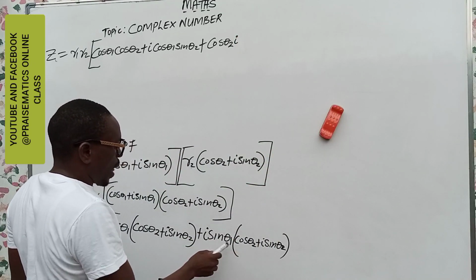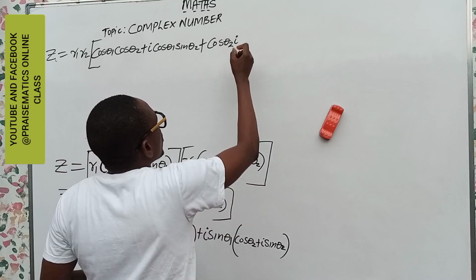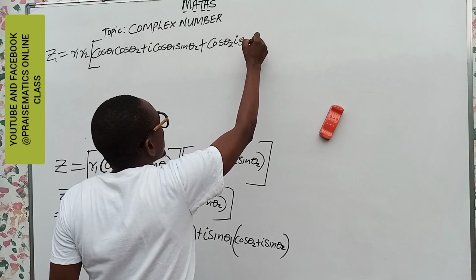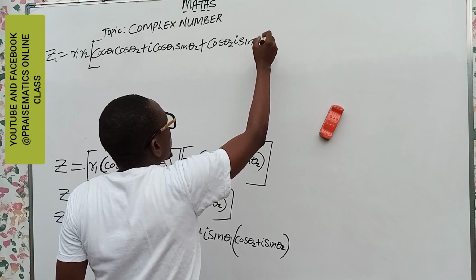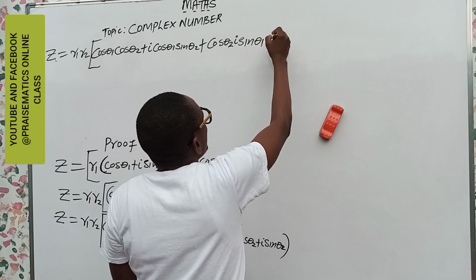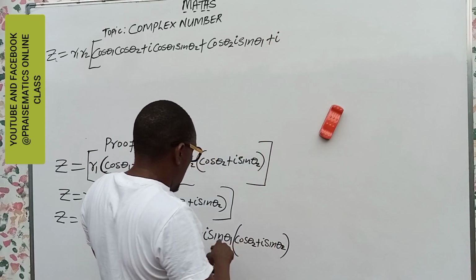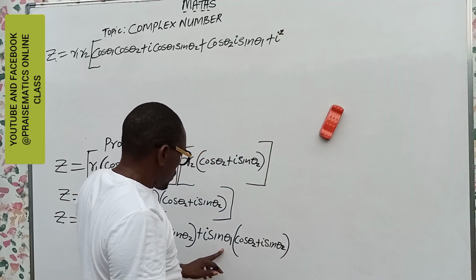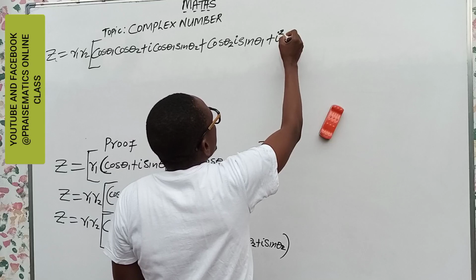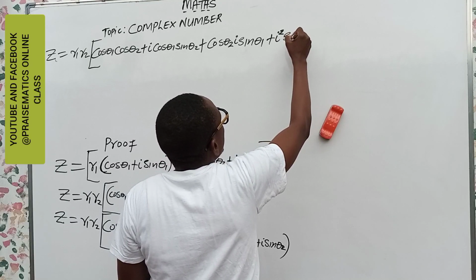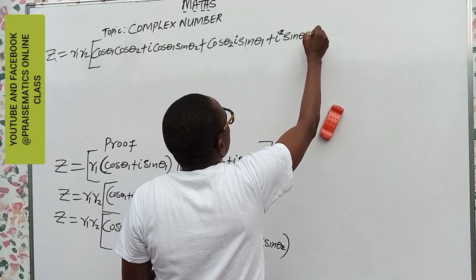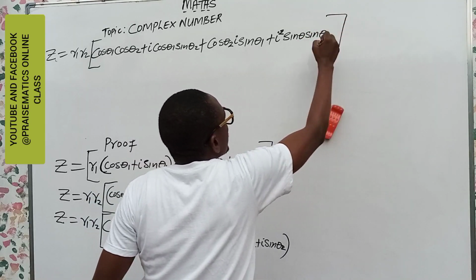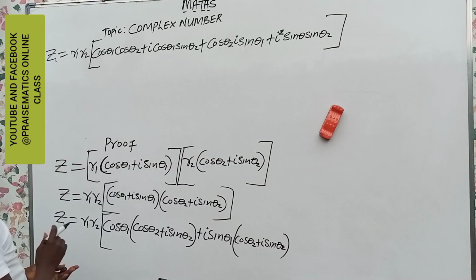Cos theta 2 times I sin theta 1 will give us cos theta 2 I sin theta 1. Plus I times I will give us I square. Now sin theta 1 times sin theta 2 gives us sin theta 1 sin theta 2. So you close the big bracket. Okay, what do we do next?